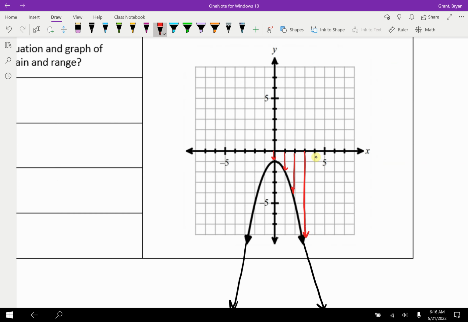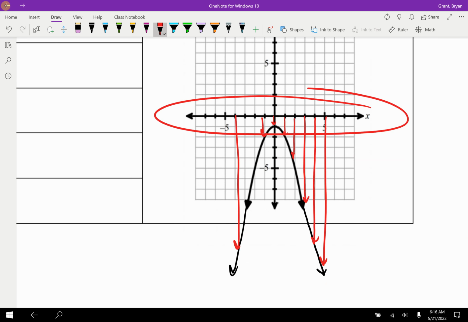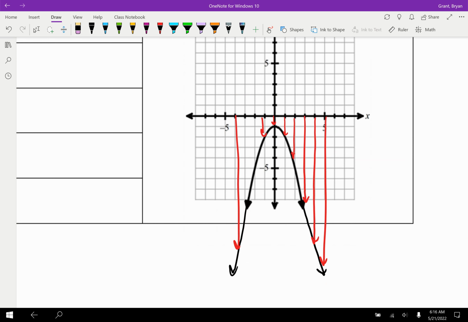And so we can see that 4 from the x-axis will match up, and 5 will match up, and the negatives will match, and so on and so forth. All of the x's, if you start on the x-axis and draw down, in this case to the graph, match up to a spot on the graph. So we can also say that the x's are discussing how wide the graph gets. The x-axis goes wide. And because our parabolas get infinitely wide, that means that our x is all real numbers.